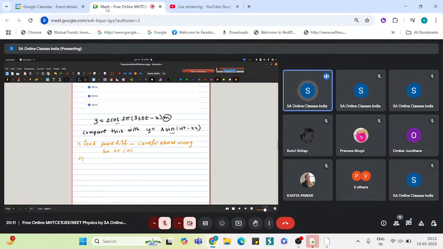If the question asks about frequency or amplitude, you can safely ignore whether it is sine or cos.